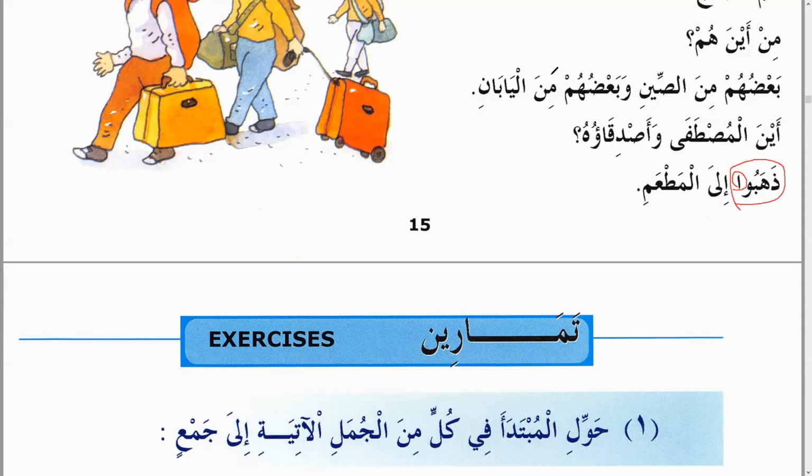Okay, where is the fa'il here? It is the wow, because when you look at this wow, we get to know that this is masculine plural. Zahabu ilal matami, they all went. Where's the 'they' here? Because of this wow, we are getting to know that this is 'they'.